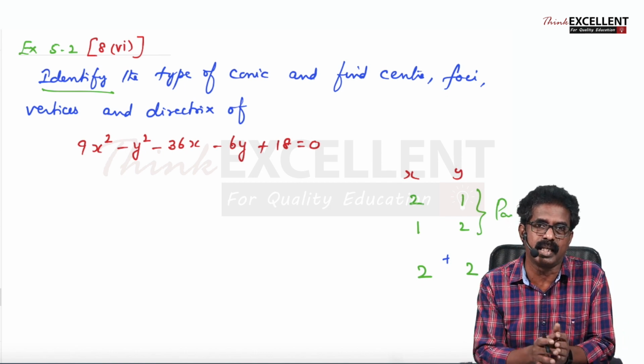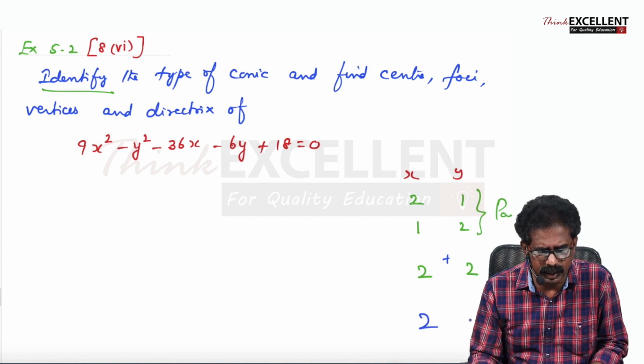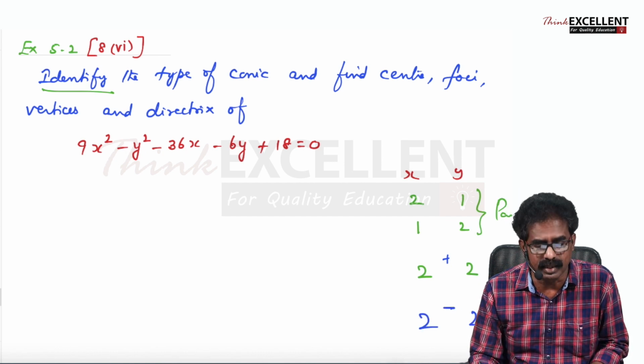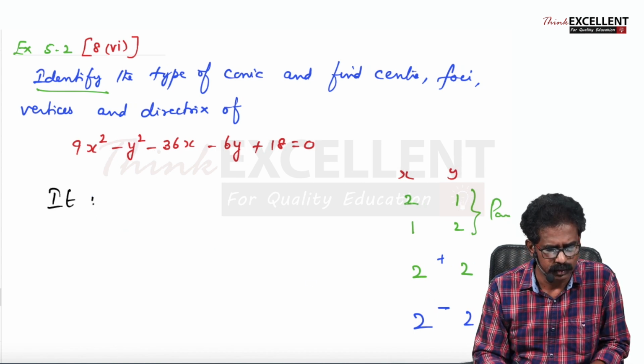If the coefficients are equal, circle, right? But degree 2 only, and in between the sign is minus, it is what? It represents a hyperbola. So it is a hyperbola.